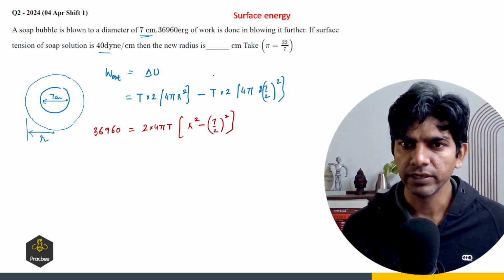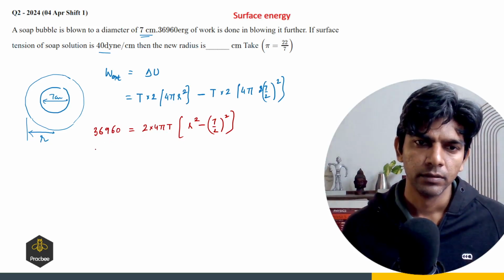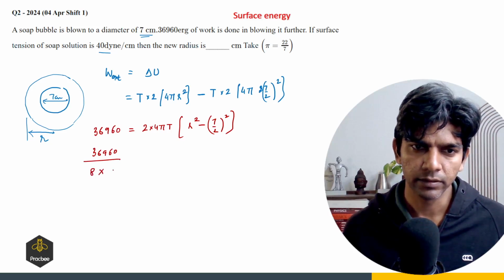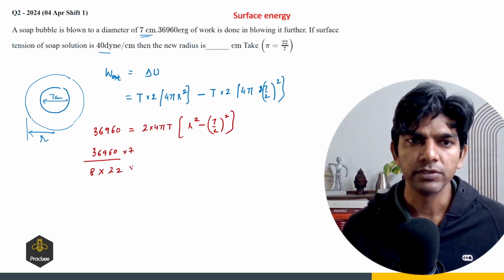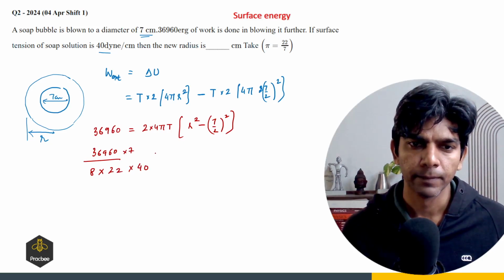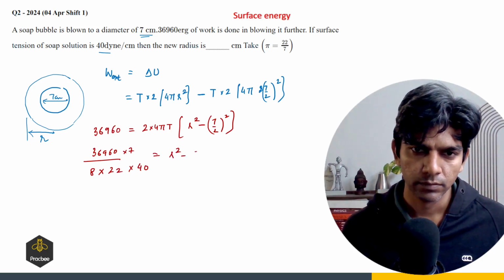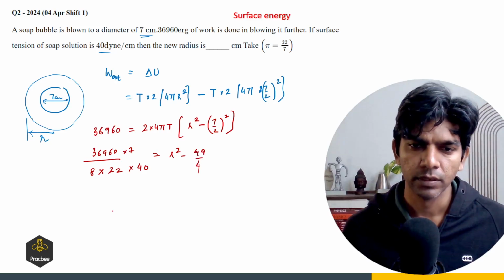And pi we have to take as 22 by 7. So it will be 36960 divided by 8 times 22 by 7. Surface tension is given as 40. R square minus 49 by 4.